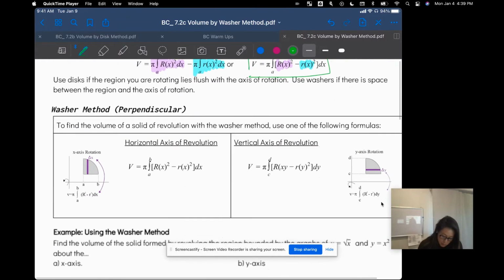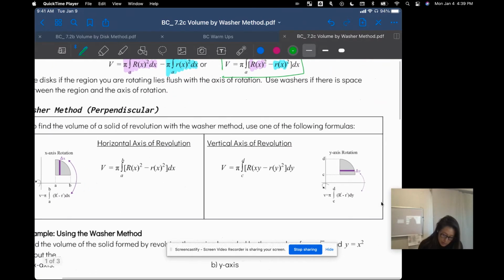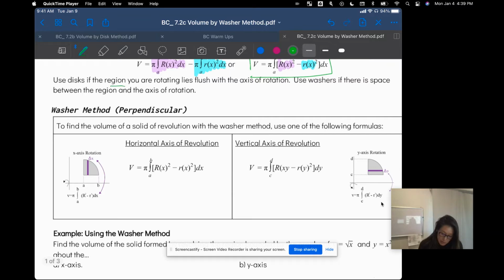Again, we use a washer if the region we rotate doesn't lie flat with the axis of rotation, because it creates a space, or the donut hole, in your rotation. Same thing, we think about perpendicular, same as the disk method, but it's doing the disk method twice.